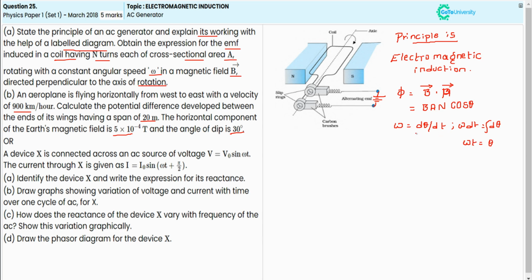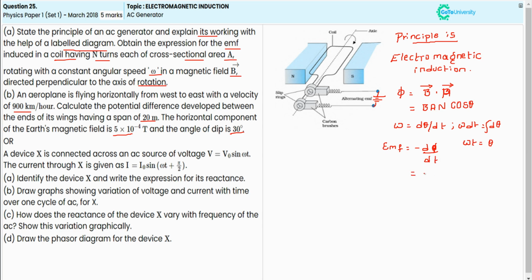We know that EMF is equal to minus d phi by dt.